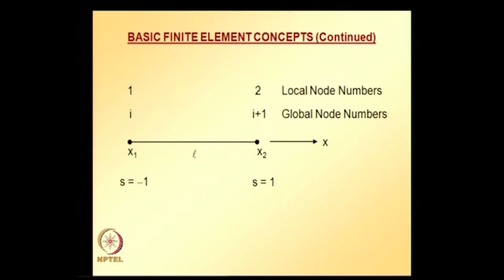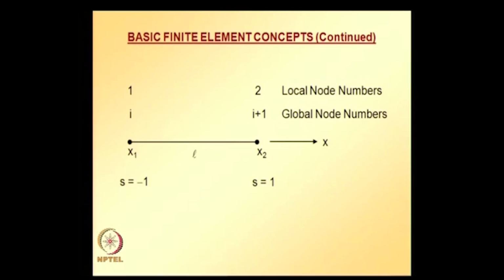So, what I will introduce is that I will map this x1 value to s is equal to -1, x2 to s is equal to 1. What is the advantage of this mapping? It makes integration simpler, since the limits become from -1 to 1.